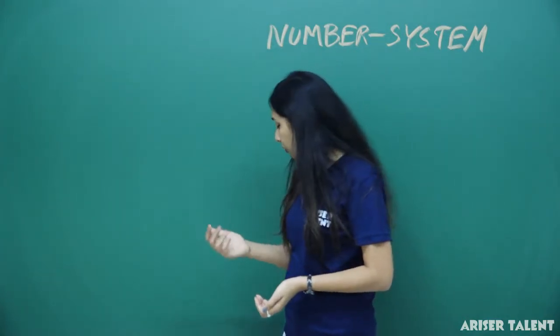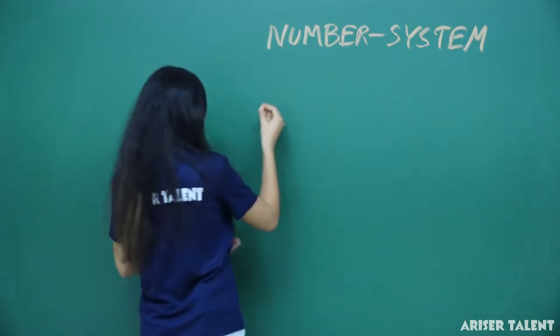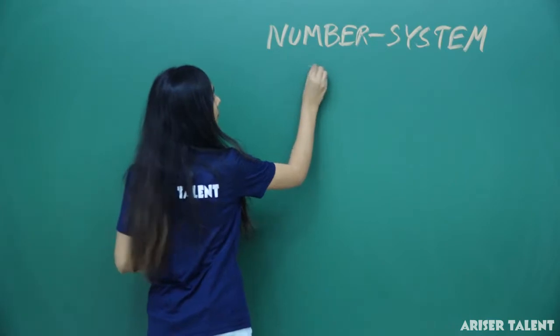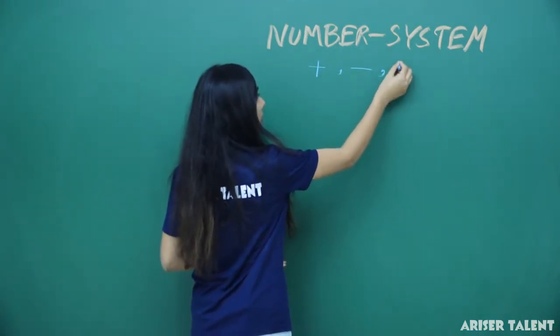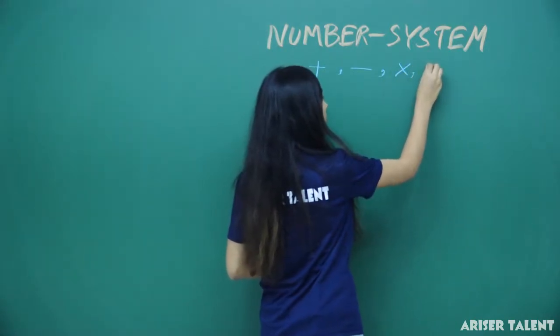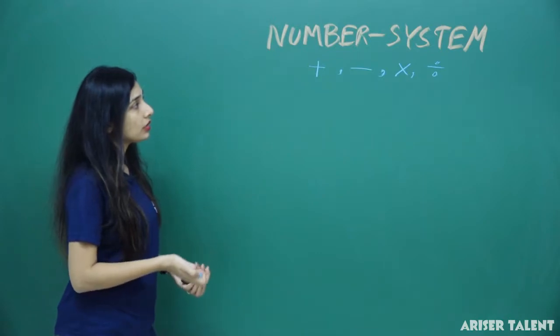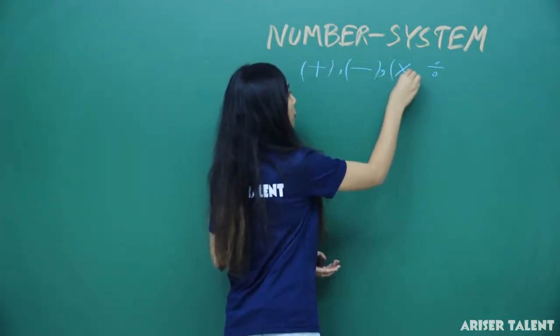So I was talking about these 4 operations, which are simply plus, minus, cross and this divide sign.